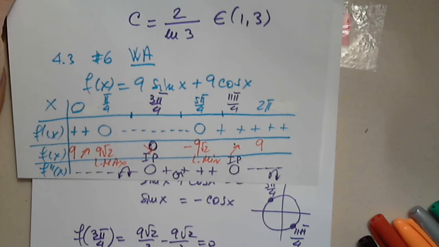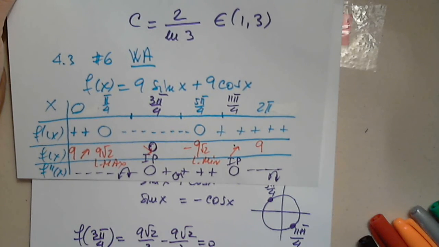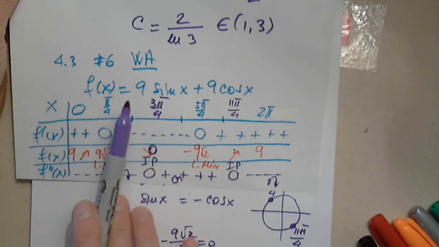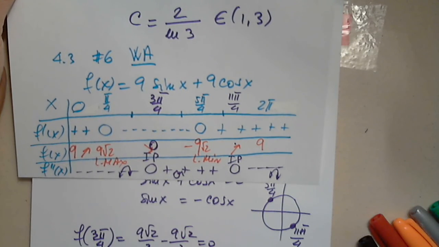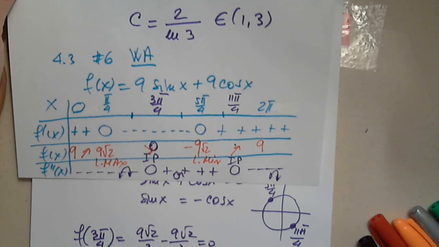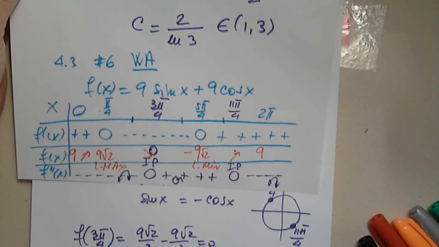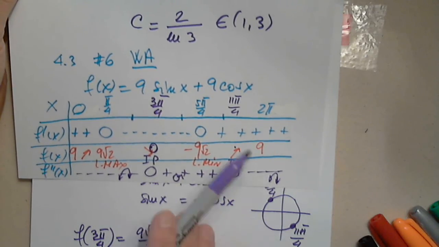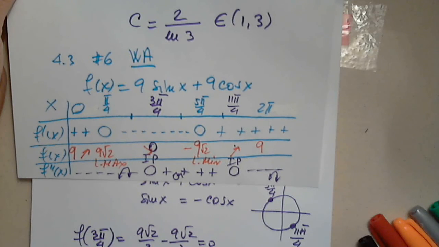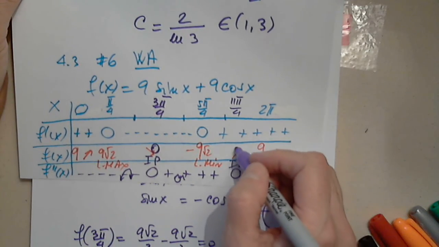And the same thing with 11 pi over 4. Because the sign will be negative 9 the square root of 2 over 2, and this will be positive 9 the square root of 2 over 2, which makes it 0.